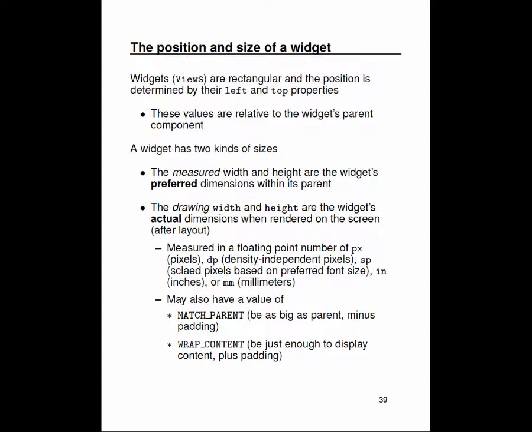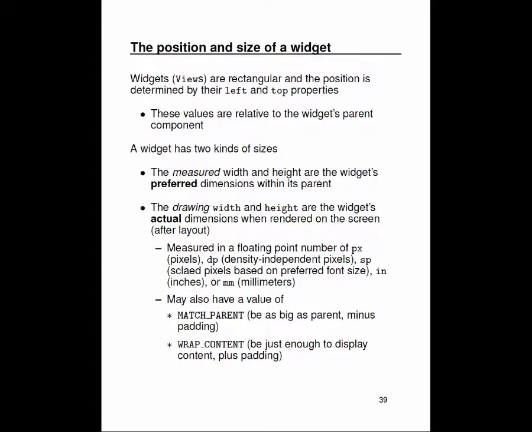Widgets are rectangles, and their position is determined by their top left corner. Remember algebra, you've got a coordinate system, and this is how computer graphics work. For Android, the position of a widget is determined by its top left corner, relative to the parent component in which it lives.